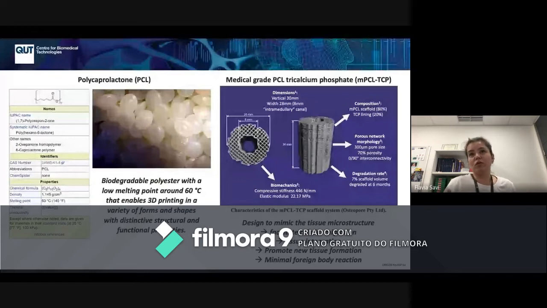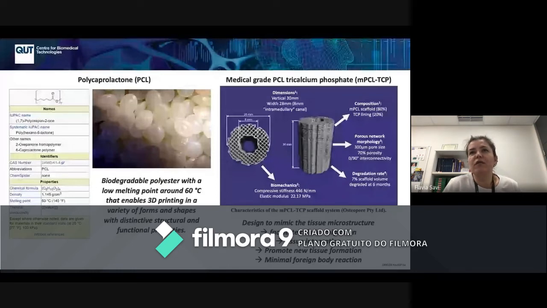They are just going to die inside of the scaffold. So this scaffold is optimized for the cells to go there, to attach to it, and to migrate to it, differentiate, and then proliferate around the scaffold.